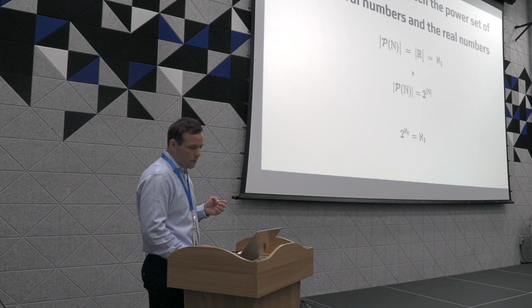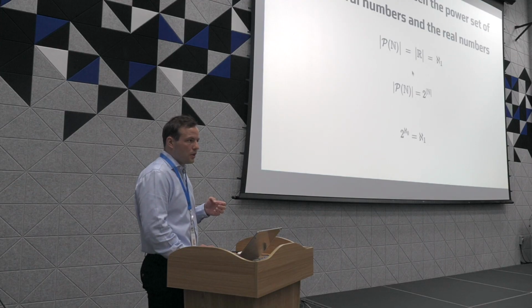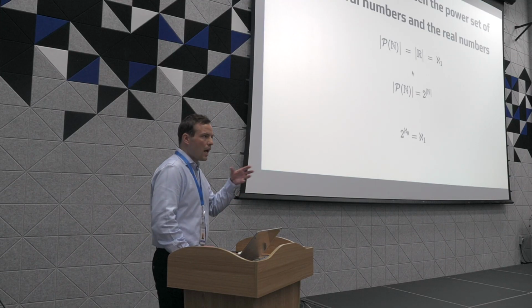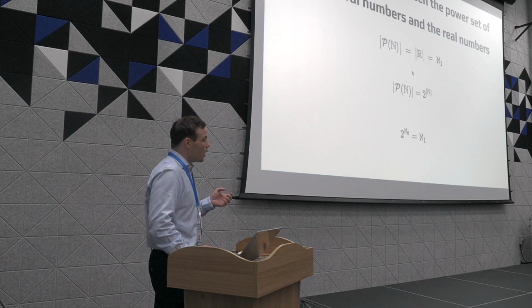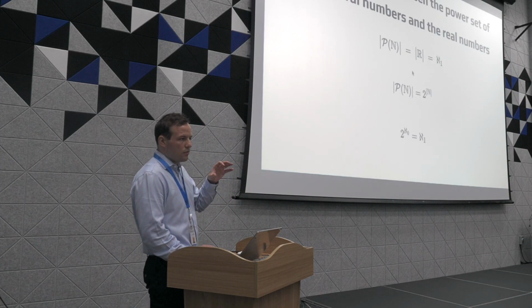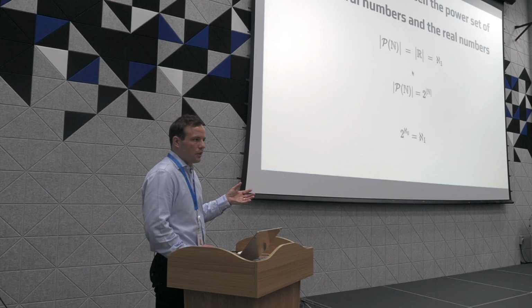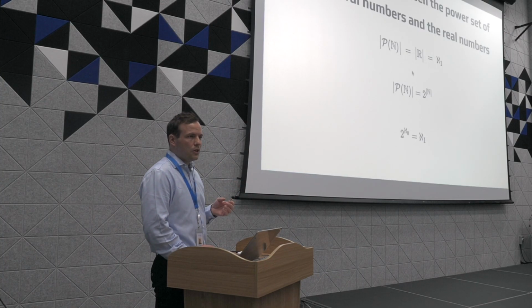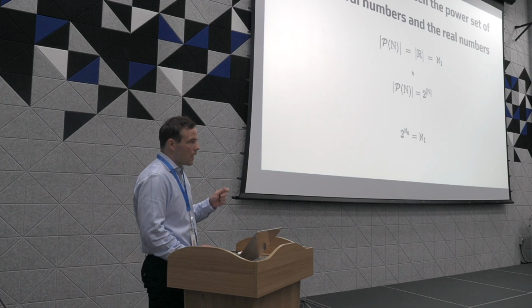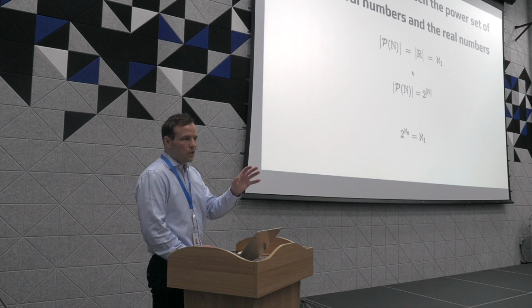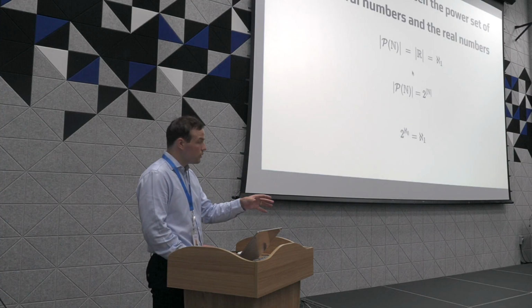So to determine the size of a power set, we need to think about how many subsets we can form from a set. The way we do that is to look at each element in turn and decide whether or not we're going to include it in a subset. So for every element in our set we have two choices: include it in the subset or not.